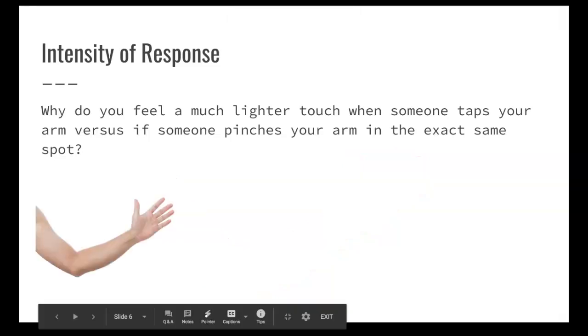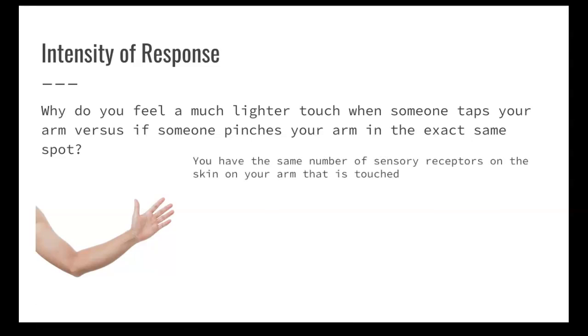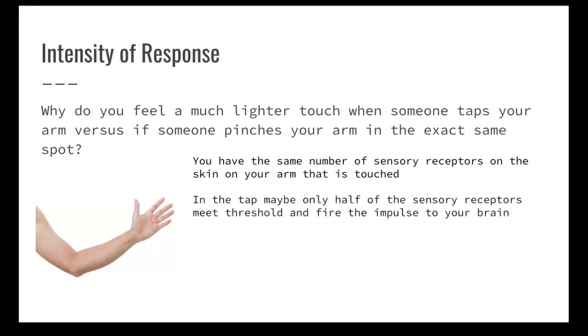The answer to this question is a little bit complicated, but first we have to remember that if I was touching the exact same skin on my arm, the same amount of sensory receptors on your skin would be touched. But the difference is if someone was tapping you, maybe only half of those sensory receptors actually get triggered to meet threshold and fire all the way up to positive 40.